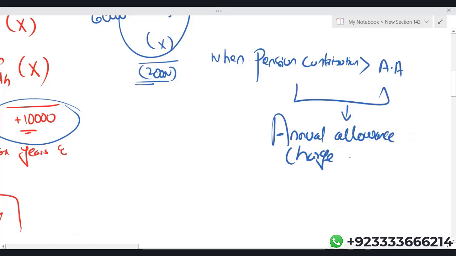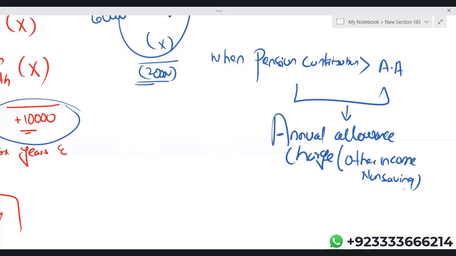Other income means non-saving income. It is treated as other income, non-saving income, and you have to pay tax. The applicable tax rate will be from the non-saving income.